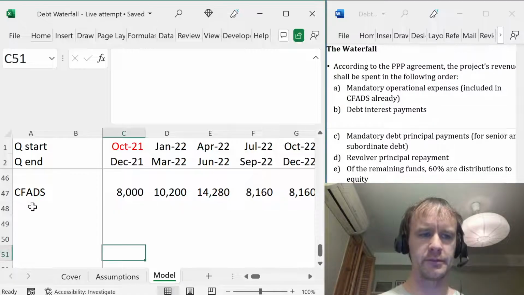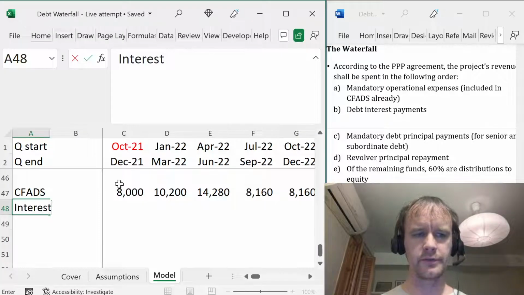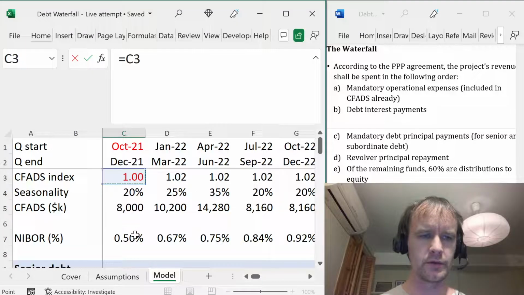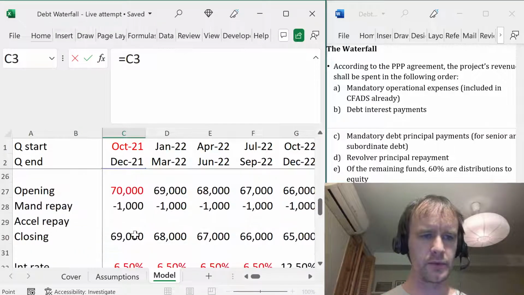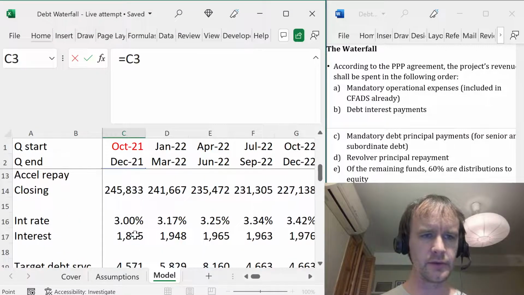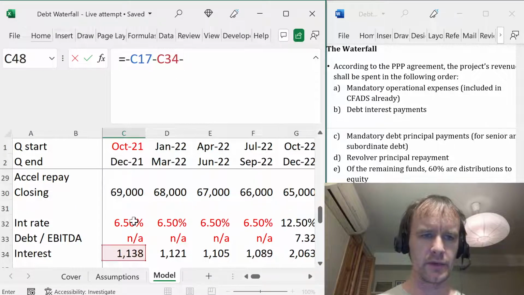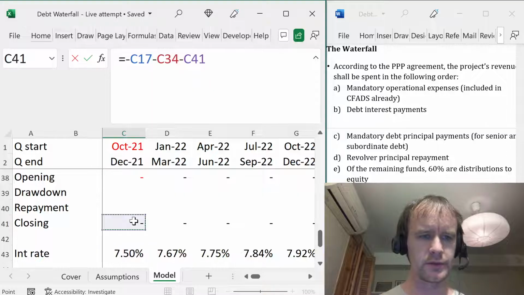Second, debt interest payments. So interest. That's going to be senior debt is up here. Oh, that's subordinated already. Senior is here, with a minus, obviously, minus the subordinated debt, which is down here, and then minus the revolver, which is down.